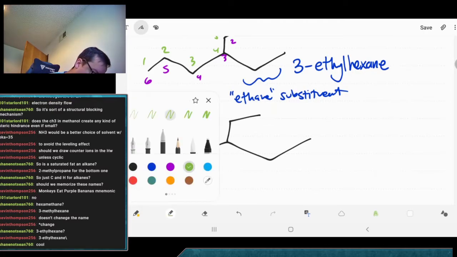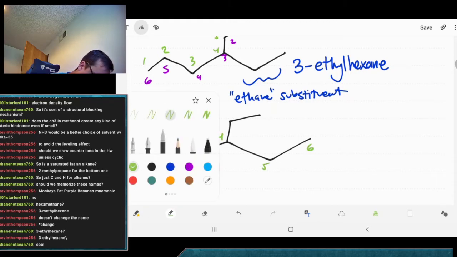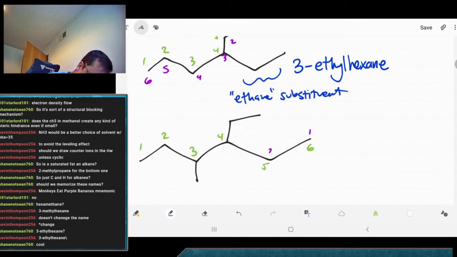We can number it from either side. Alternatively, I could totally have numbered it from the top one instead. Doesn't matter, because again, they're the same substituent, so I could choose either one.